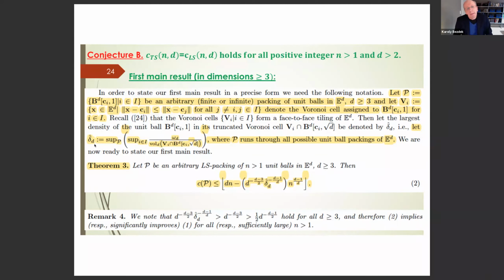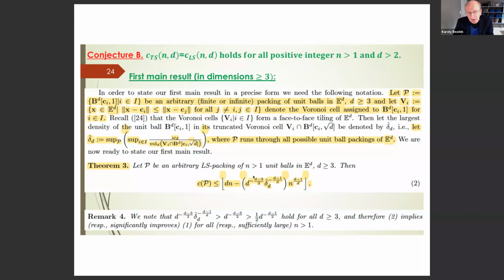This quantity enters into this upper estimate for the contact number. I will very briefly say why this quantity is interesting, and then we take a diagonal look at the proof of this theorem.